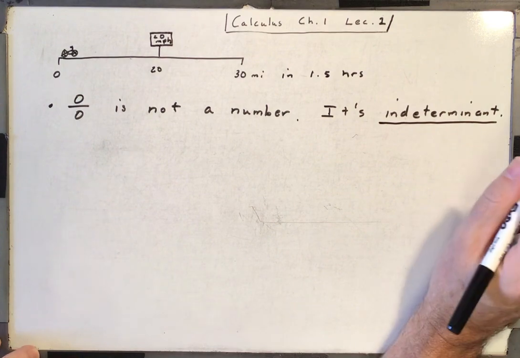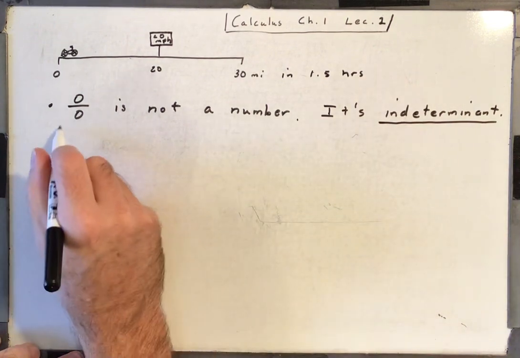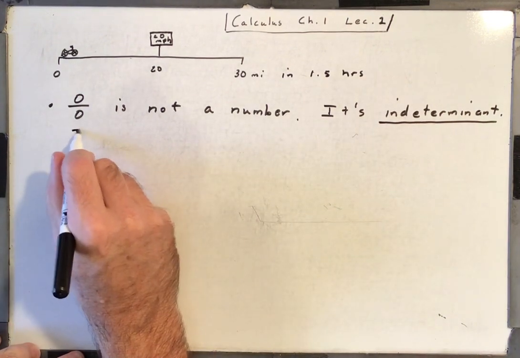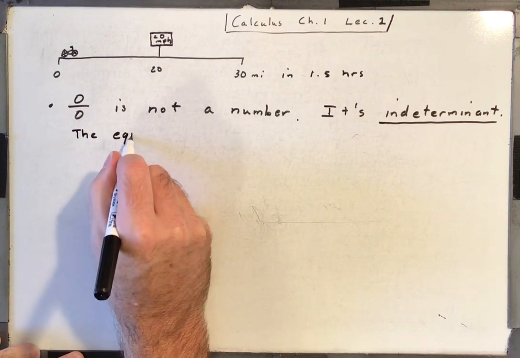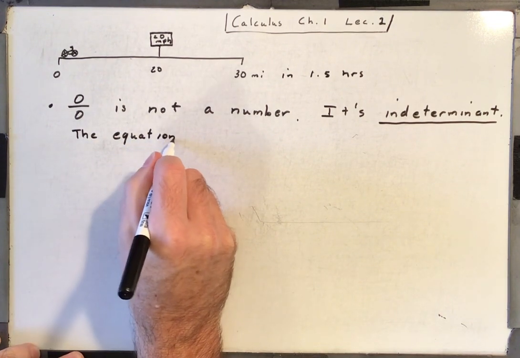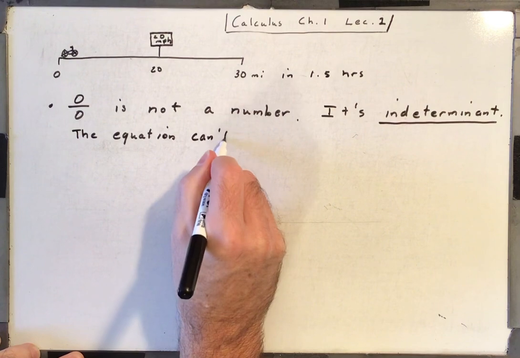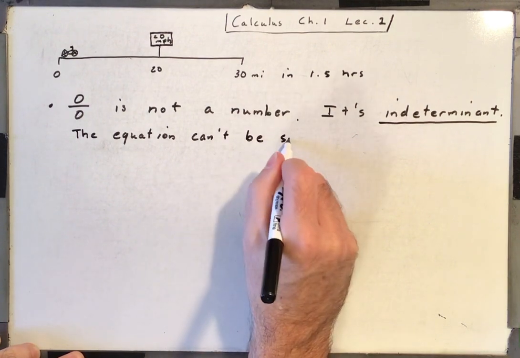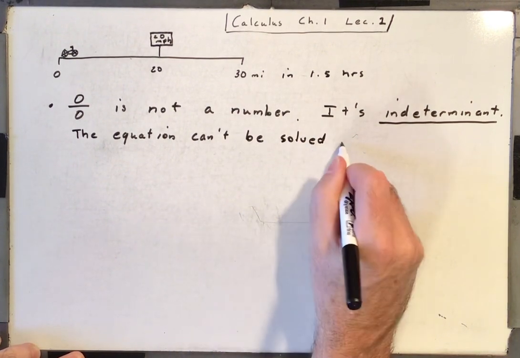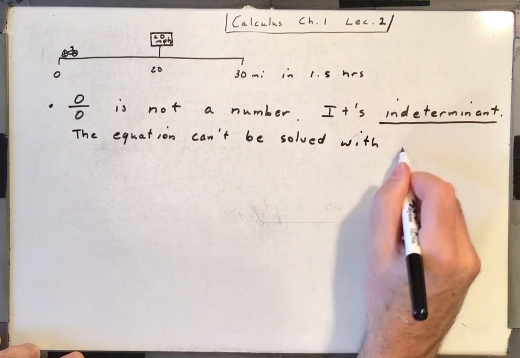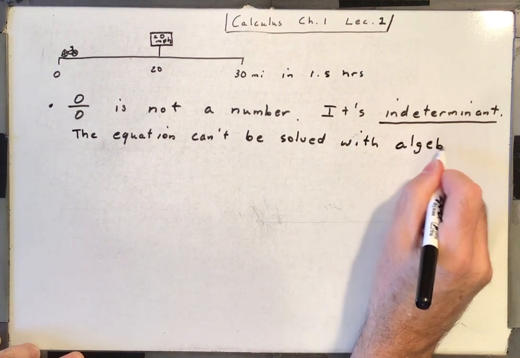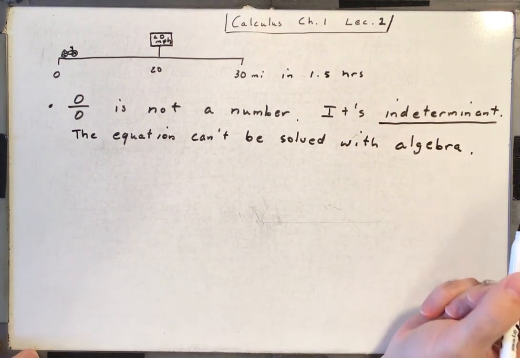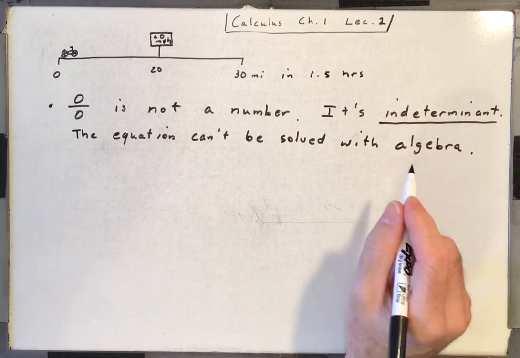So we call this indeterminate form. The equation can't be solved with algebra. So we've got to come up with a new form of math to try to figure this out.